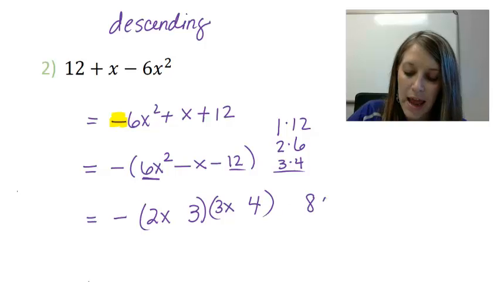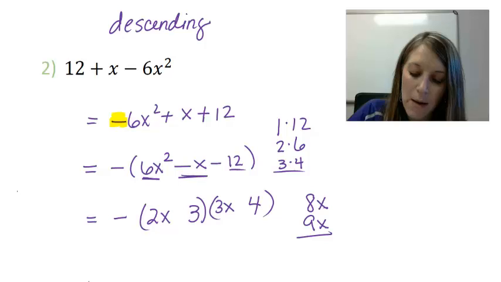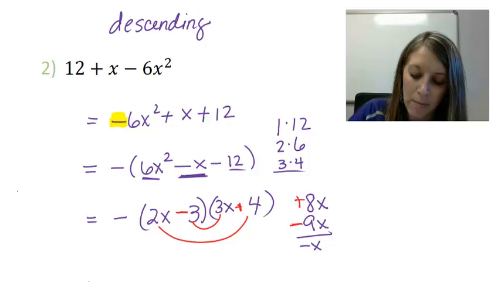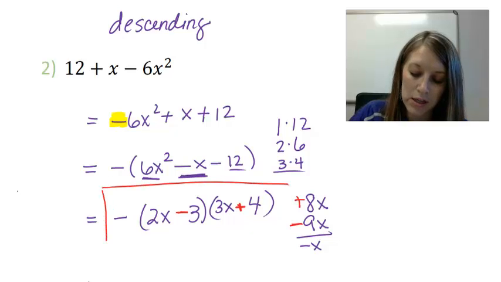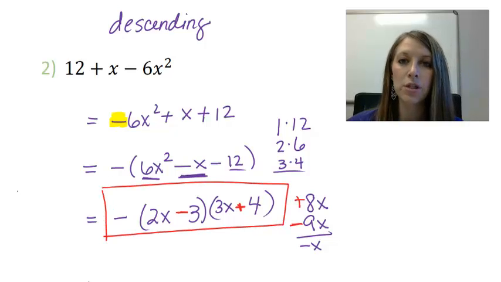Outside gives me an 8x, inside gives me a 9x. If I'm looking to come up with my middle term of negative x, I want my 9 to be negative and my 8 to be positive. So my 9 is from a negative and my 8 is from a positive. So I believe that I have factored this one completely. So there is my final answer to example 2.